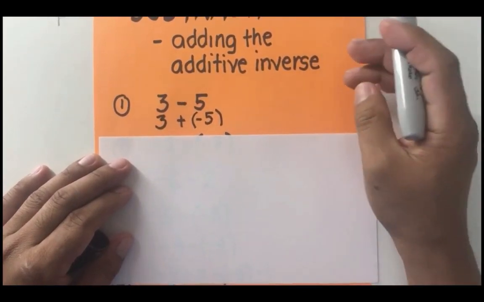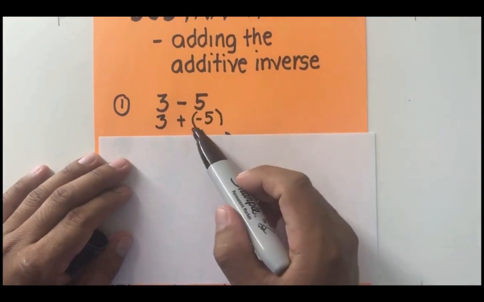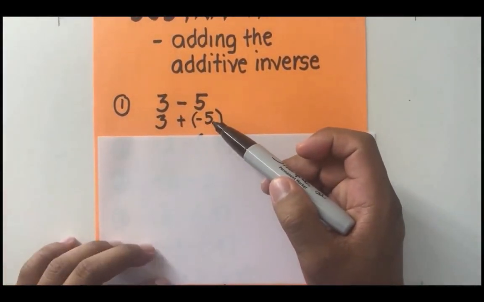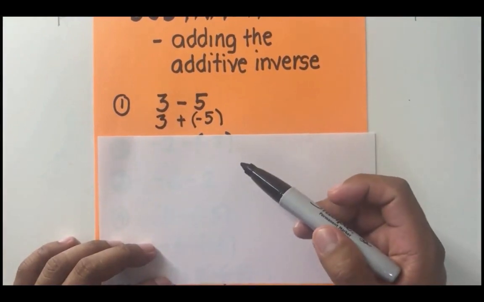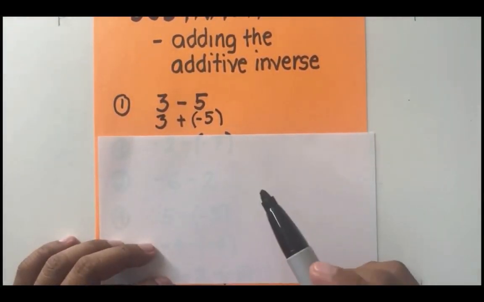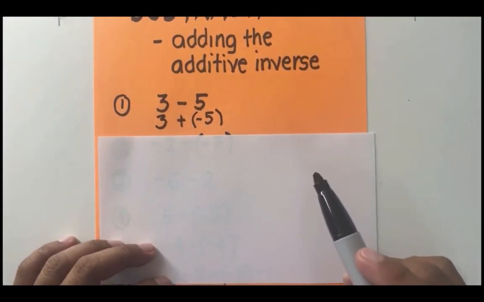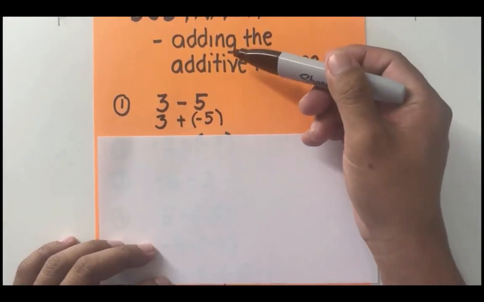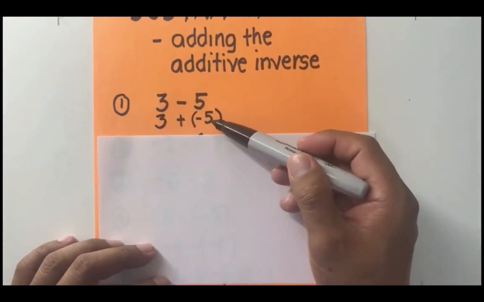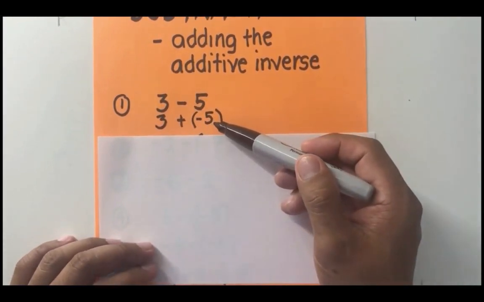This is very important because if you know how to convert subtraction to addition, you don't have to memorize two rules for addition of integers, one for subtraction and one for addition. You only need one rule, and that rule is for the addition of integers, because the moment that you are able to convert from subtraction to addition, then you can apply the rule for addition of integers.